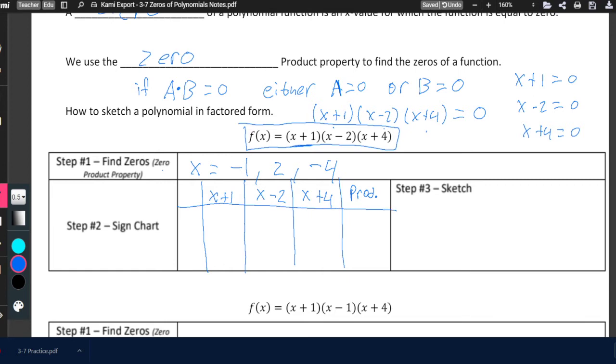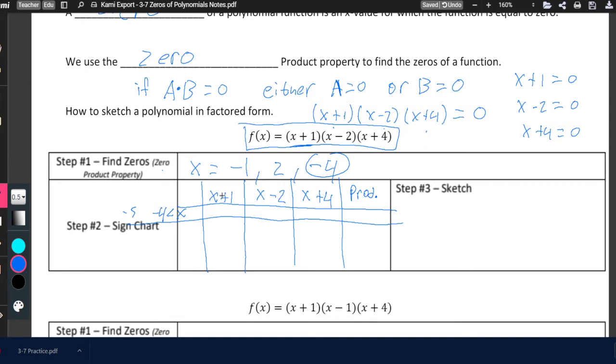Now how we do a sign chart? We work with different values. We start with our lowest zero, x less than negative 4. If we put in any value less than negative 4, we could go negative 5, what is the sign? Meaning, is it positive or negative?